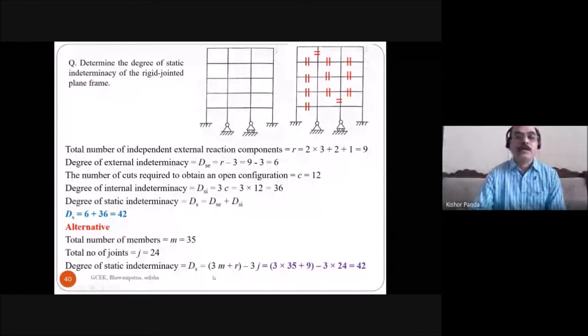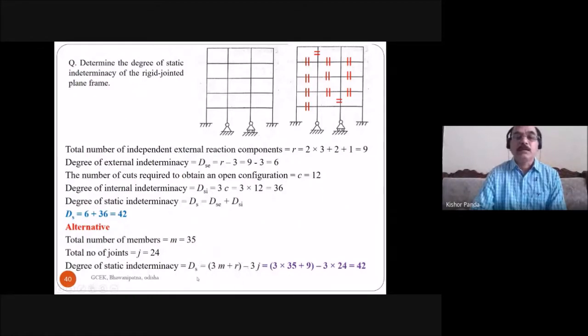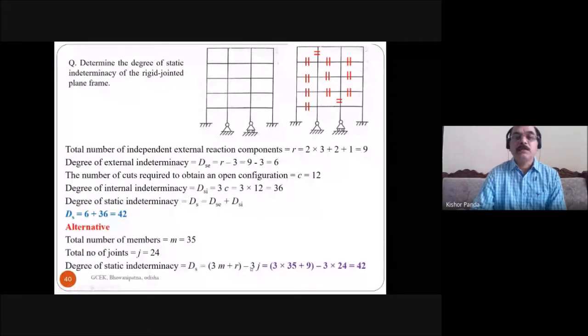Then you know directly the formula to get the degree of static indeterminacy: DS is equal to 3m plus r minus 3j. Because 3m plus r is the total number of unknown forces and 3j is the total number of joint equilibrium equations. So the difference will give the degree of static indeterminacy.